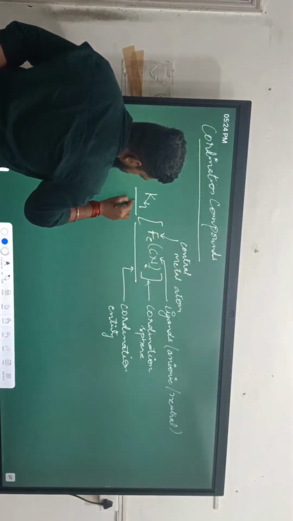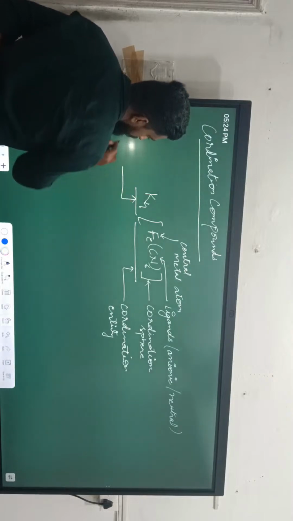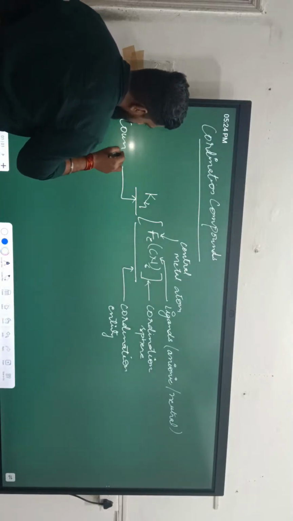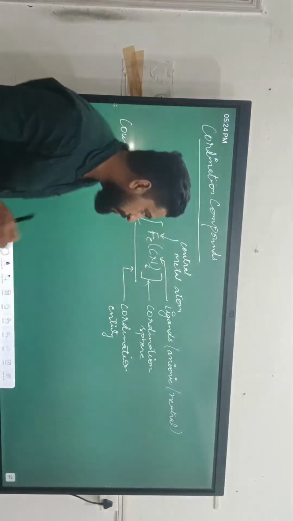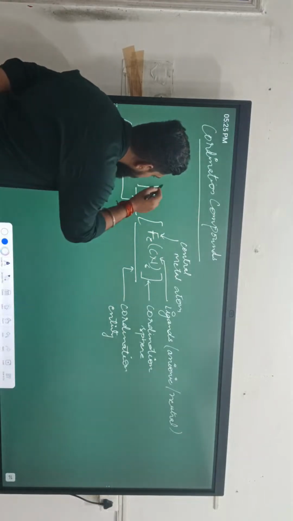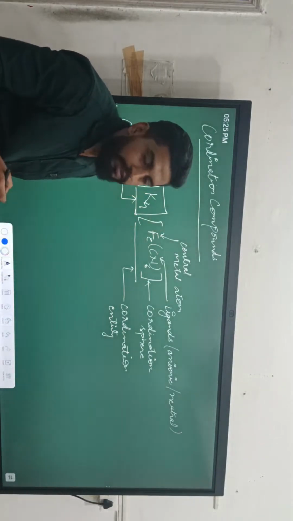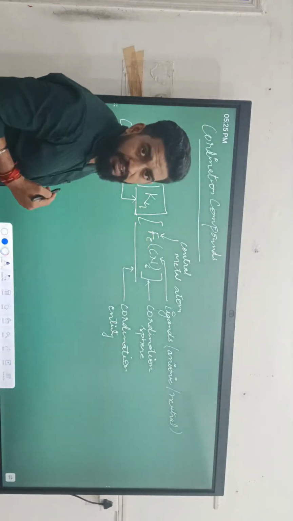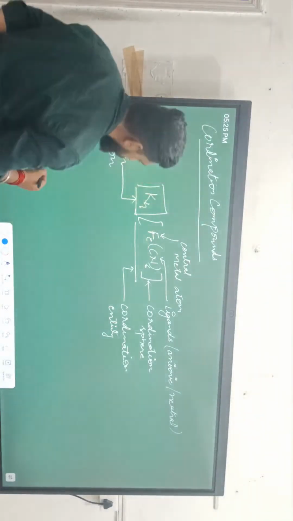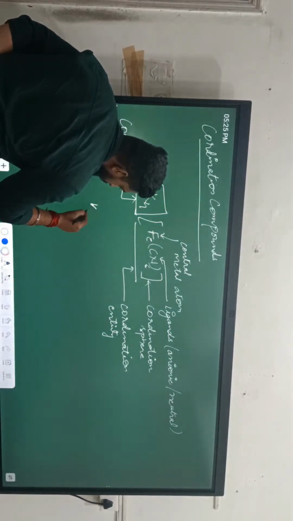This thing is known as the counter ion. Counter ion means the type of compound, it may be an element or compound, which came to counter the oxidation number of the central atom. How? Let us see here.